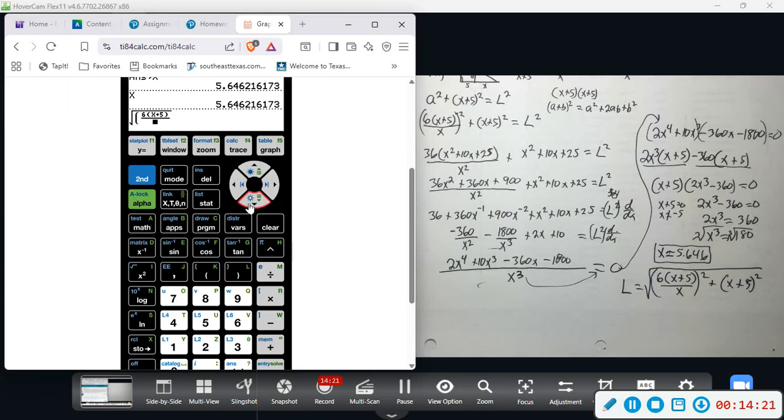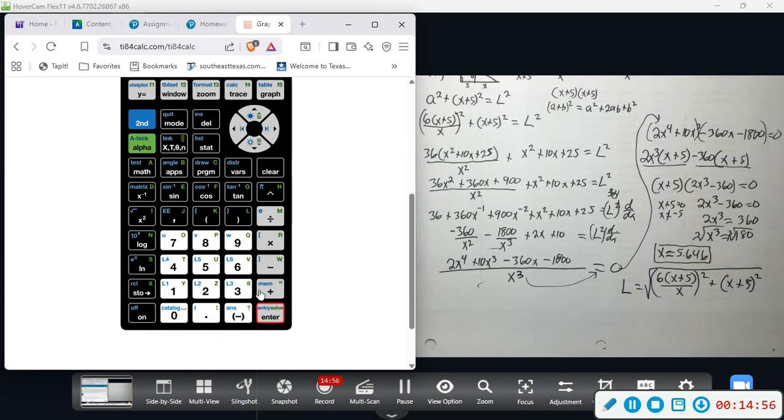Go down to the bottom, put an x, close parentheses, and squared. So this is like my a squared plus b squared, plus x plus 5. This is a lot nicer, just being able to type in x instead of having to type 5.46 something every time I need to put that in. All right, so this is my function. I'm just double checking to make sure everything looks right. Data entry is the most common error. Everything looks good. I'm going to hit enter.